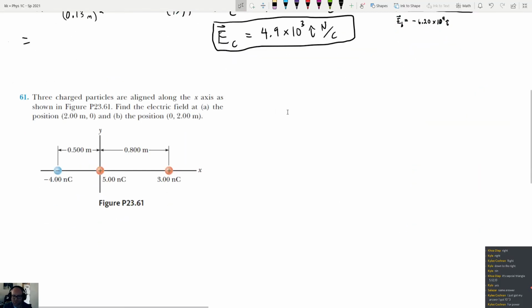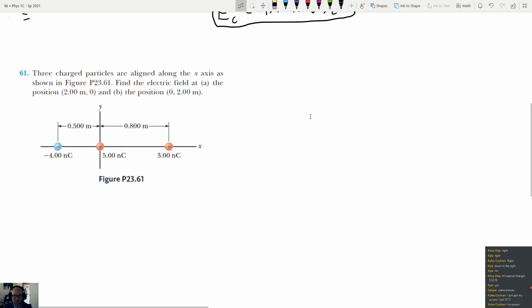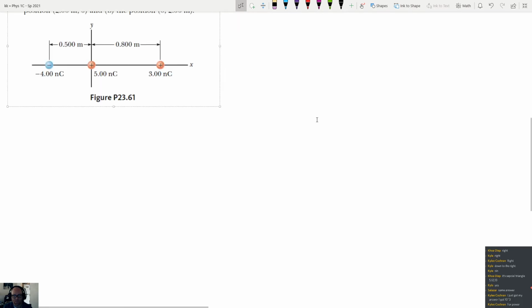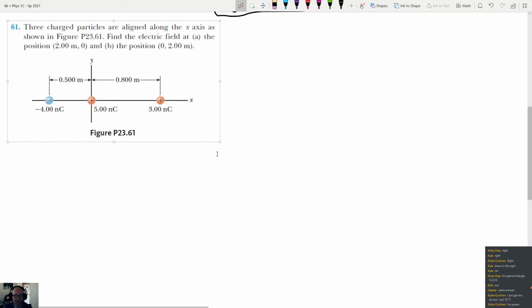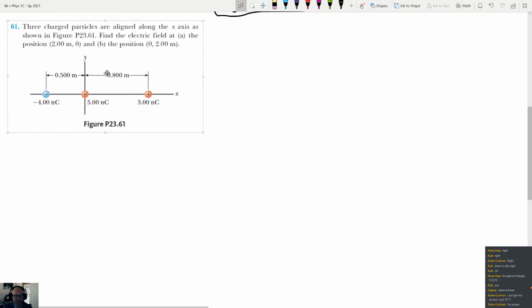Let's do one that's a little harder. I pulled this from a different textbook, although your textbook has problems like this too. In this problem, we've got 3 charged particles aligned along the x-axis as shown. We want to find the electric fields at the position 2, 0, and at 0, 2.